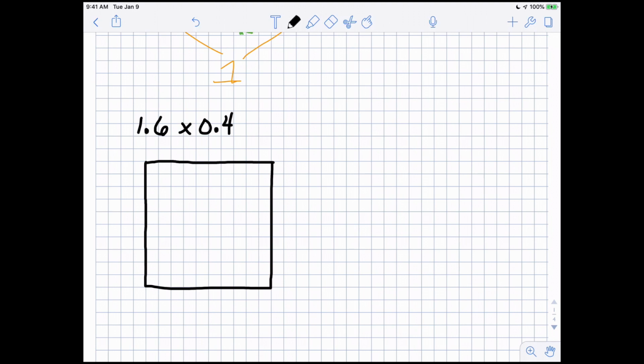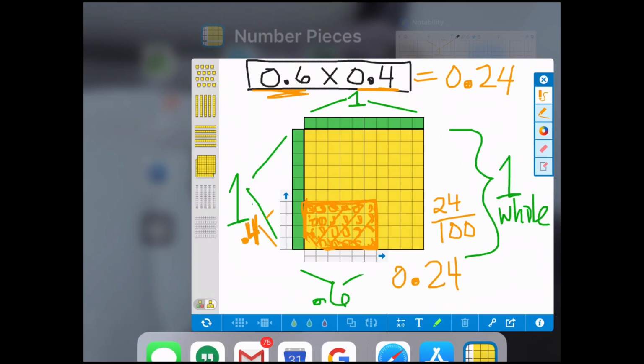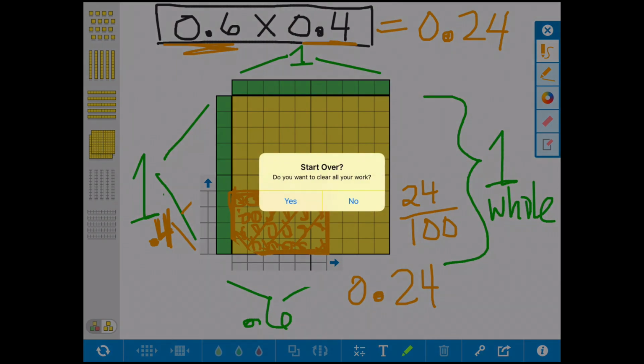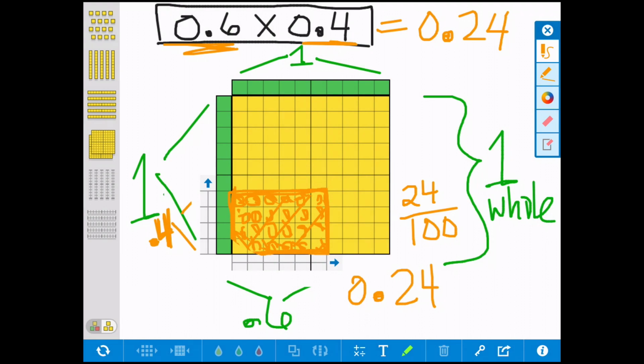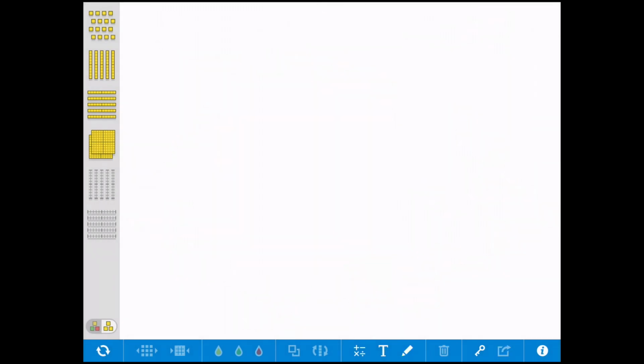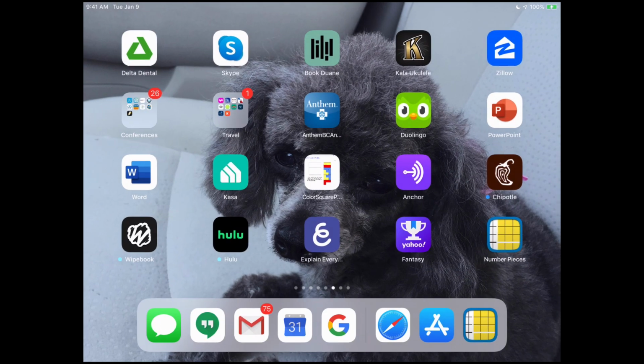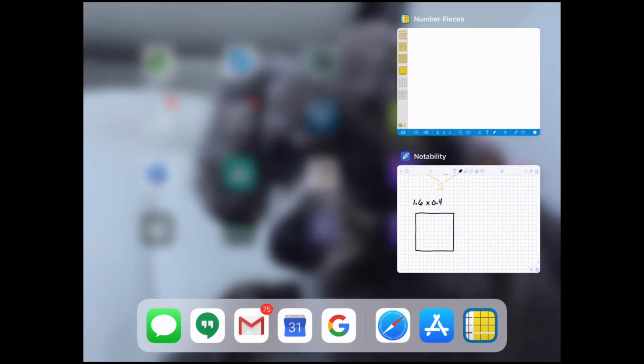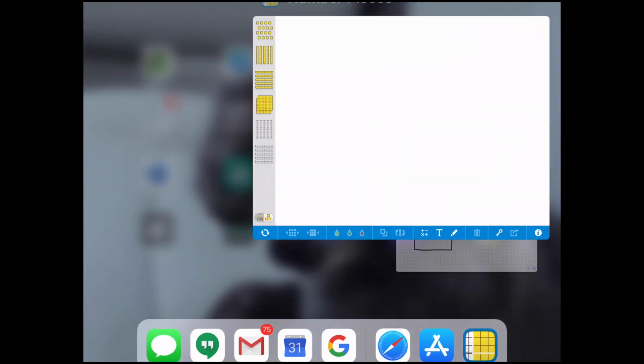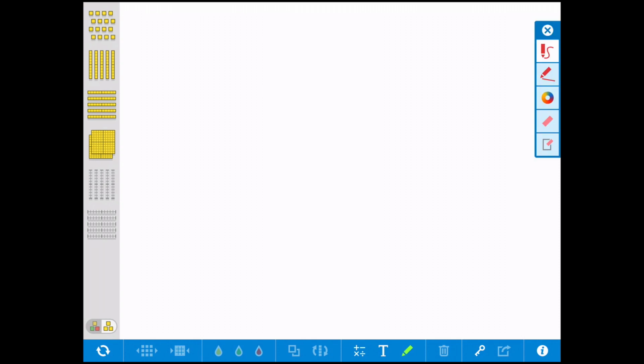Let's not go to the picture. Let's go back to the concrete. Let's go over here. So I'm going to erase this whole thing. All right. And what was the problem we're going to do? We're going to do 1.6 times 0.4.